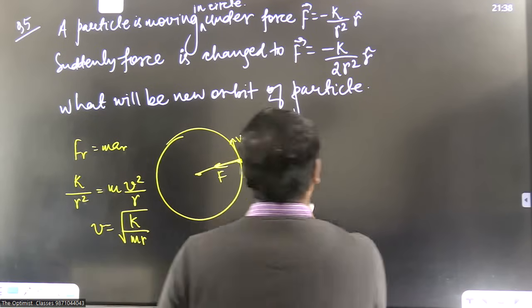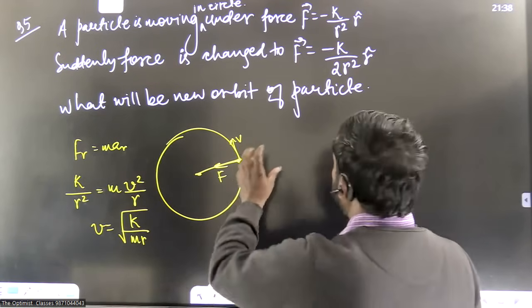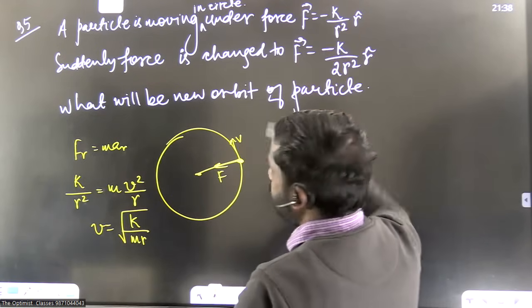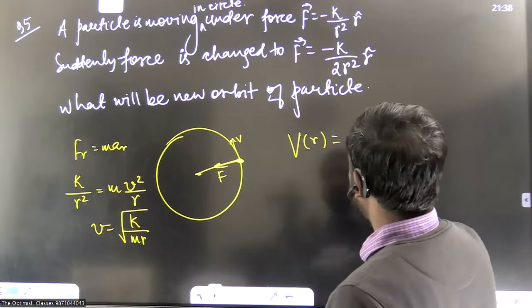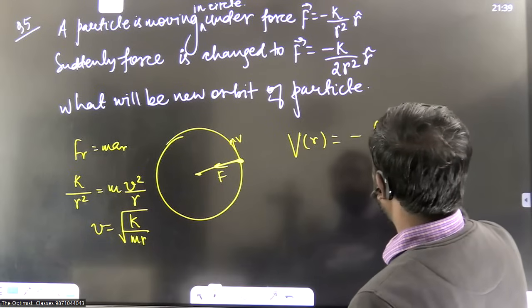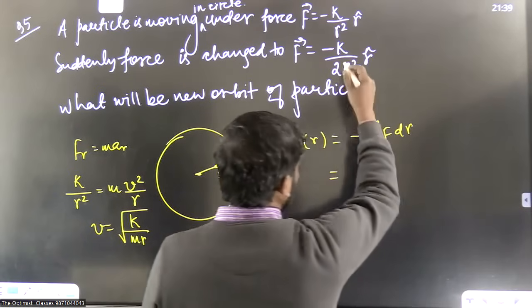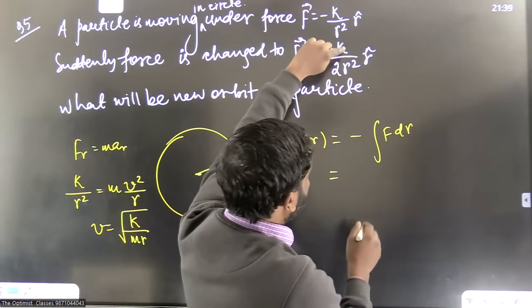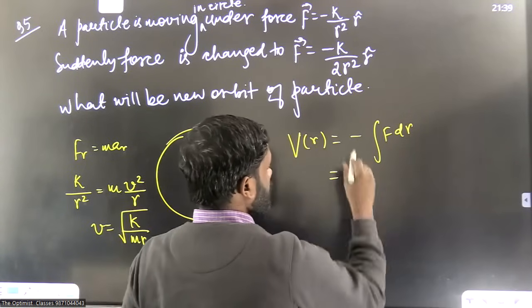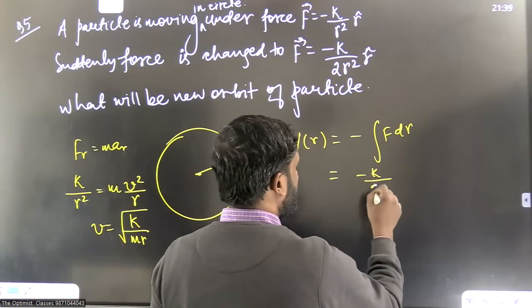Now question says suddenly force is changed from this value to this value. So now if you write potential energy, you see potential energy will be the integration of F dr. If you put minus sign here, minus and minus will become plus, and k by r square integration will give you minus k by r. So potential basically becomes k by 2r.